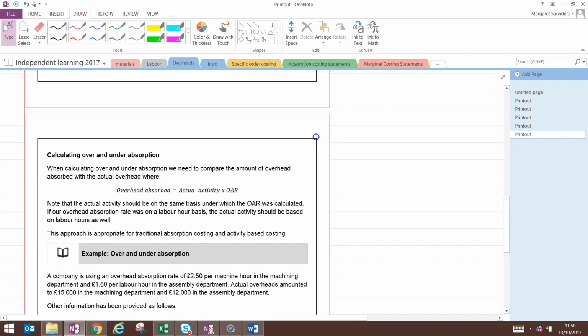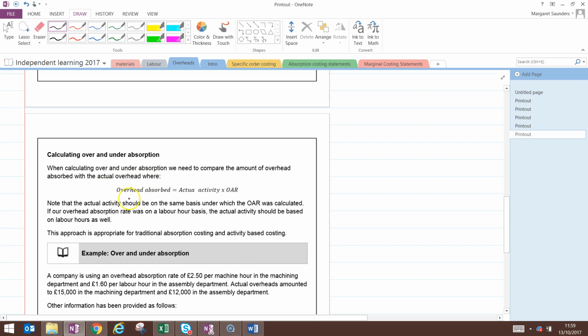So you need to be able to calculate under or over absorptions. The first thing that you need to make sure that you can do is to calculate the amount of overhead absorbed. So this is using your overhead absorption rate, which is always calculated on budgeted figures, and then multiplying that by the actual activity.